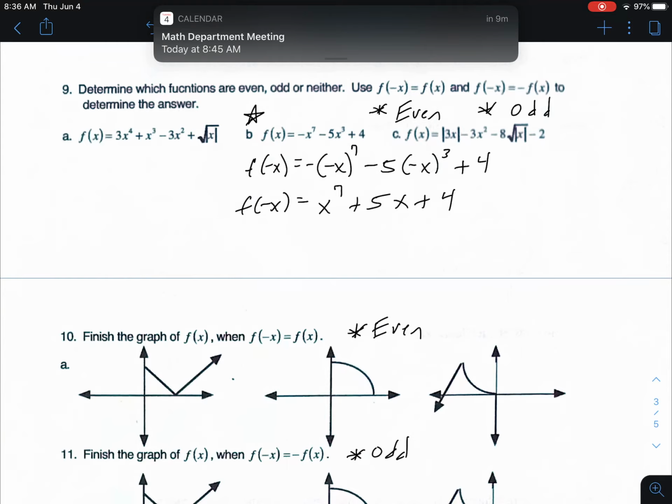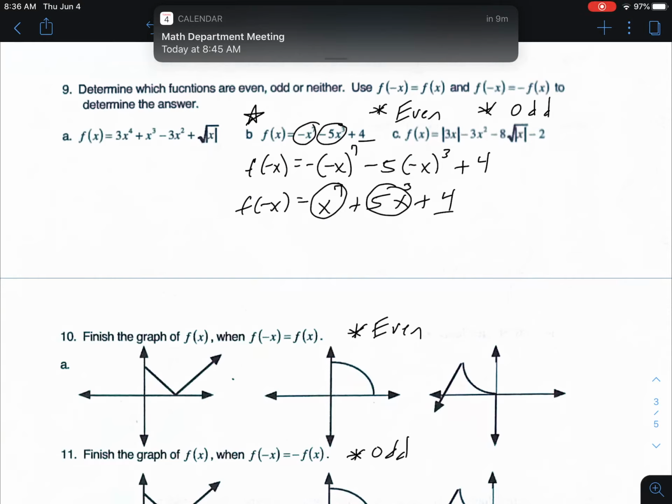The 4 is unaffected. So what you end up with here is the first term has gone opposite. The second term has gone opposite. That should still be the 3rd, sorry. Second term has gone opposite, but the 3rd term has just stayed the same.